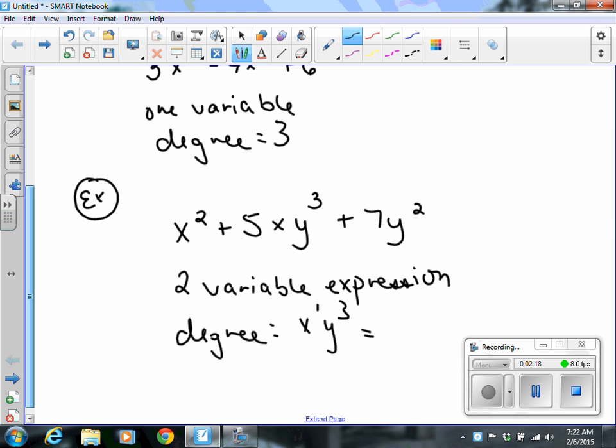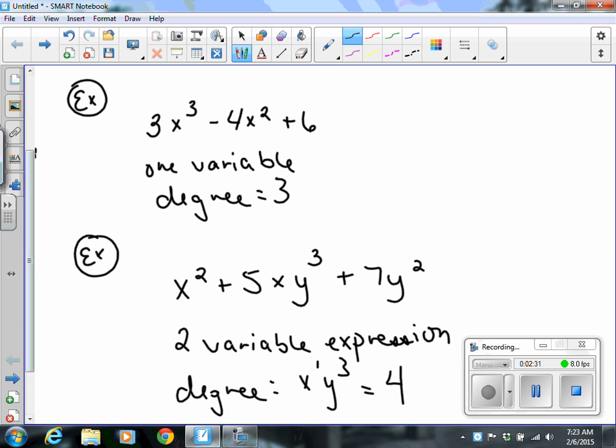I add those two exponents together, and my degree of this expression is 4. Notice when we look at our one variable expression, my exponents go in descending order. So it goes x cubed, x squared, nothing. I want everything in order.